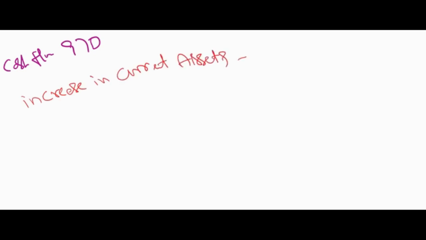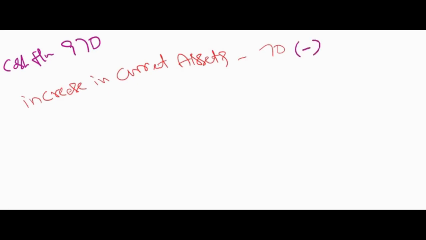Let's say you have an increase in current assets of around 70 million, right? So what you should do here, for an increase in current assets, either you should add or you should reduce. Because you added there, you should reduce it here, right? This should be a minus value, correct?